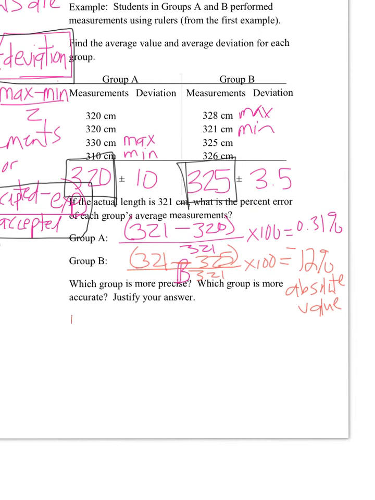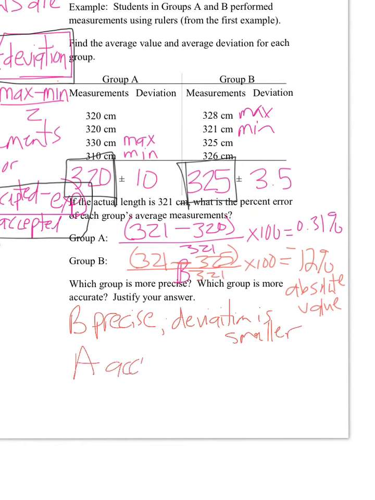Group B is more precise, and that's because their values are closer together. Their deviation is smaller. Group A, though, is more accurate because their percent error is smaller.